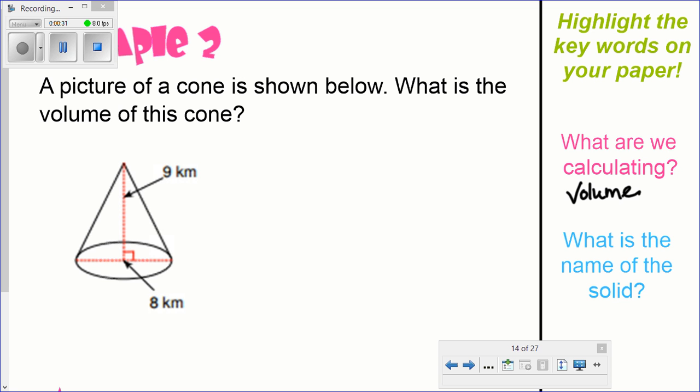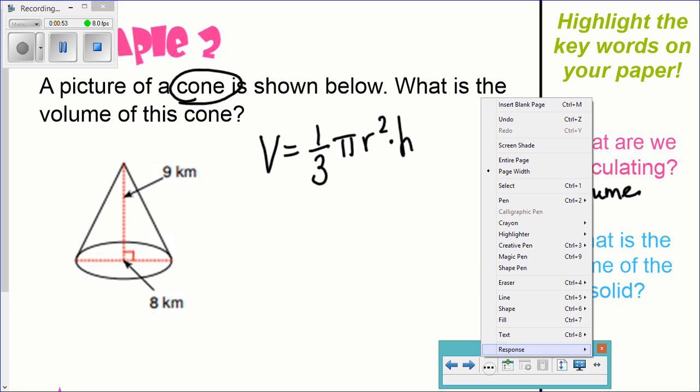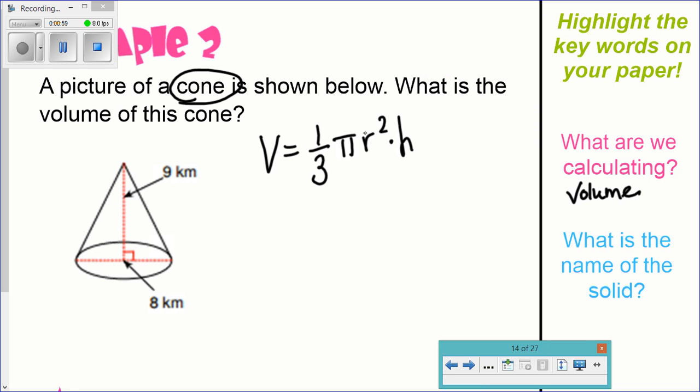And then we already know the name of this solid. It's a cone, which is listed right here in the problem. But before we can find the volume of the cone, we have to know what the formula is. So the formula for finding volume of a cone, you pay very close attention, is 1/3 pi r squared times h. So if you notice, this piece of the problem here should look familiar to you.